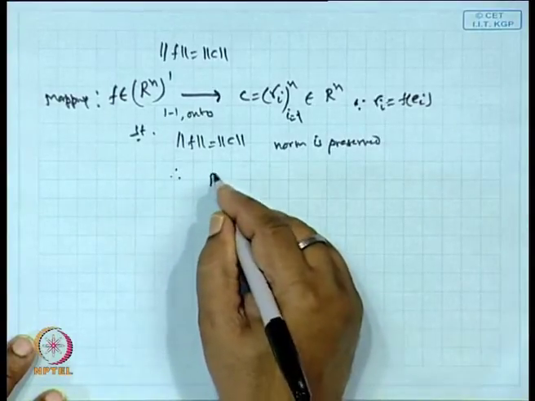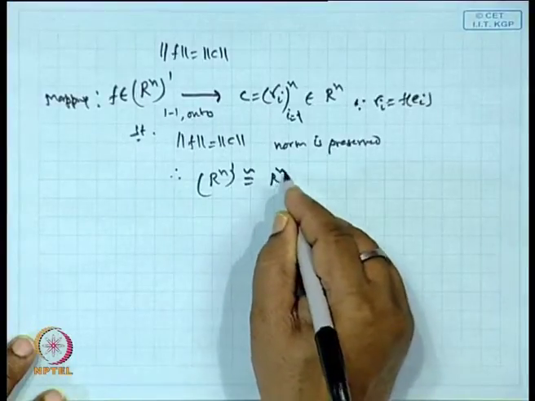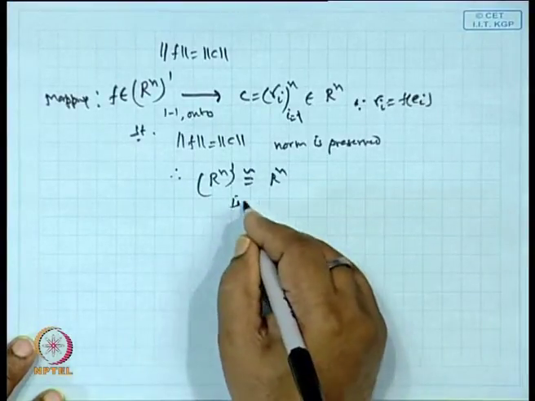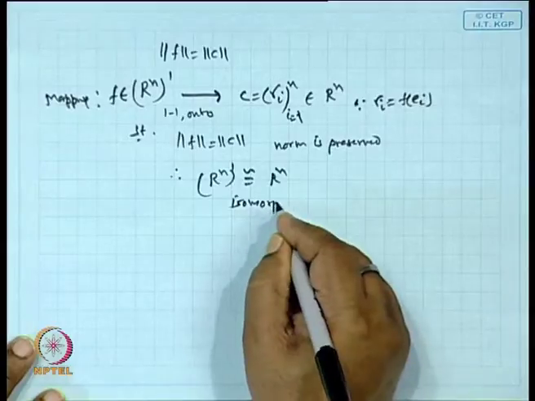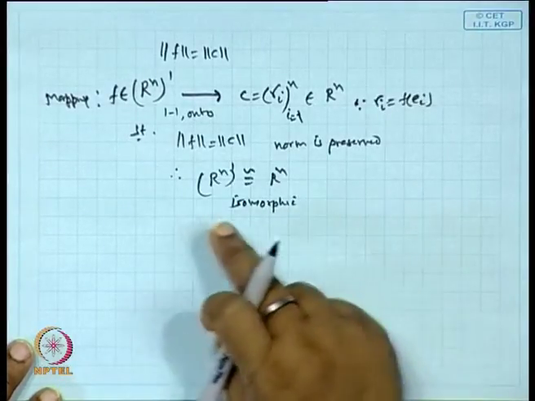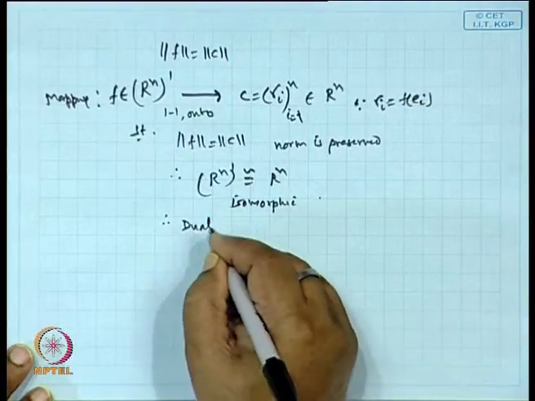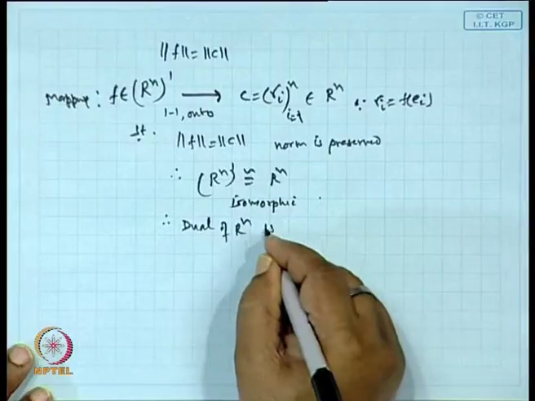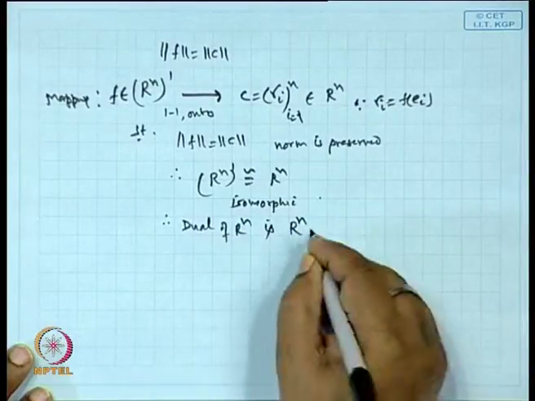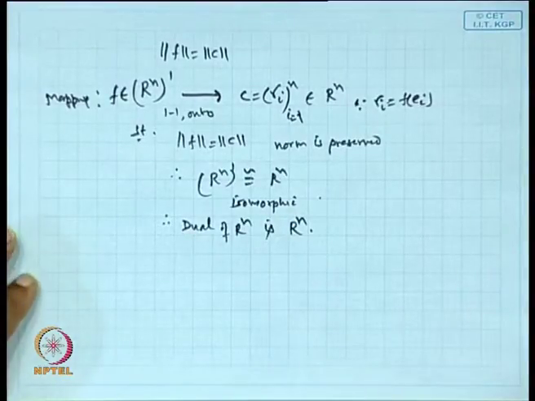Therefore, these two spaces are isomorphic. Once they are isomorphic, the dual of R n is R n. Is it clear?